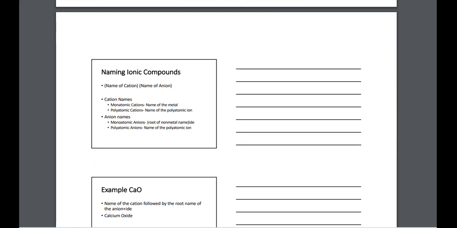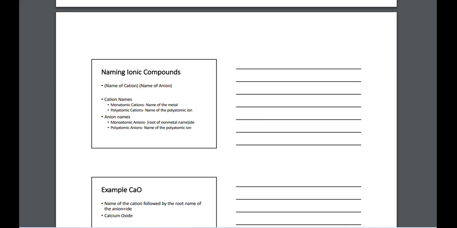So when we're writing the name of a chemical formula that has ammonium as a cation, we just write the name of the polyatomic cation, which is ammonium. That's in terms of naming the cations.